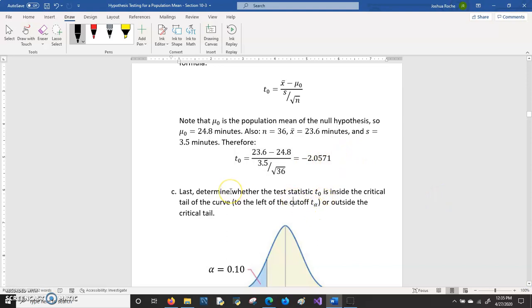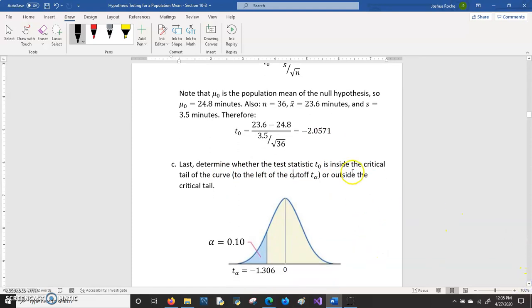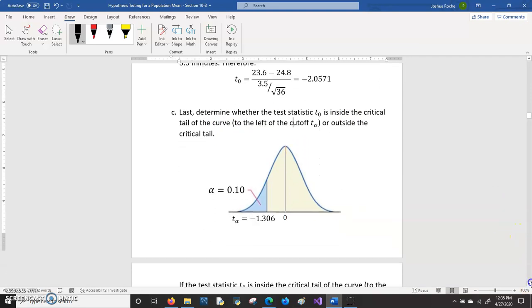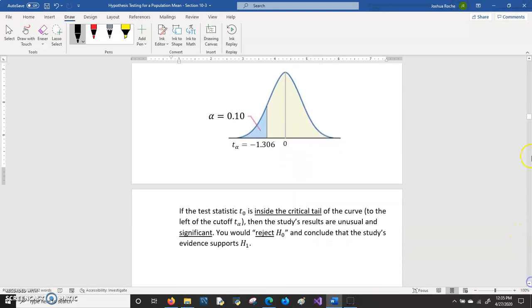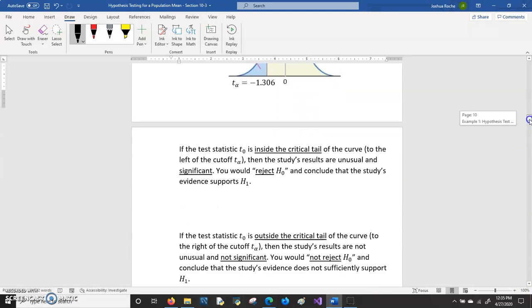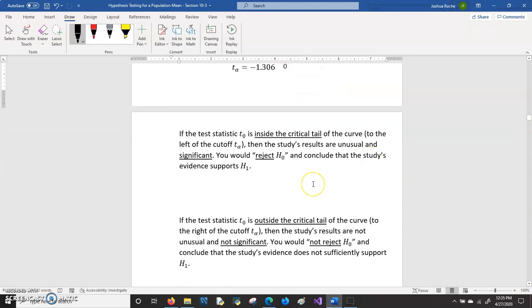The last thing that we'll want to do is determine whether this test statistic is inside the critical tail of the curve, in other words, to the left of the cutoff value, or outside the critical tail. Remember that if the test statistic is inside the critical tail, then the results of the study are unusual and significant, and you would reject the null hypothesis.